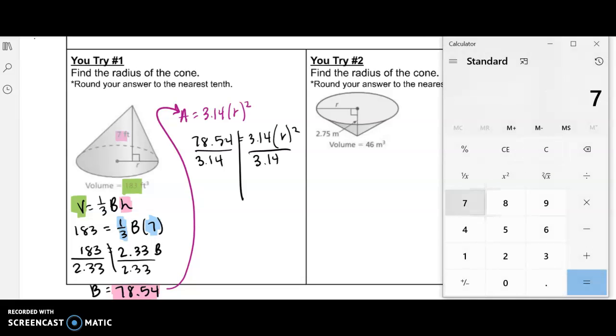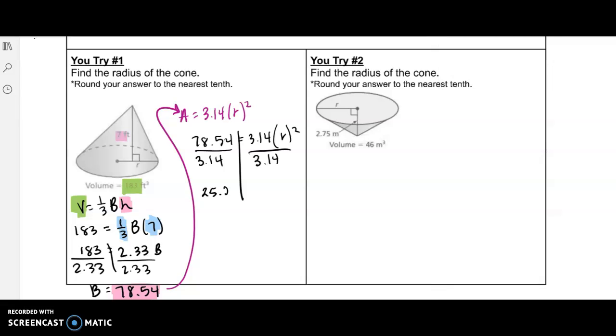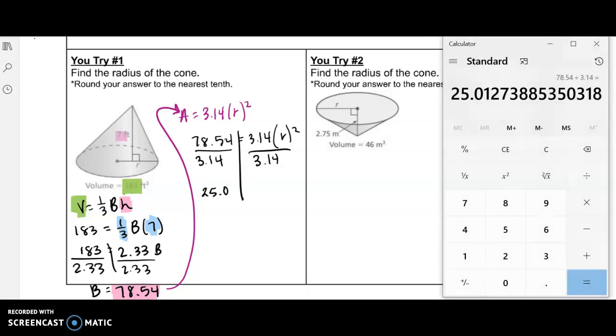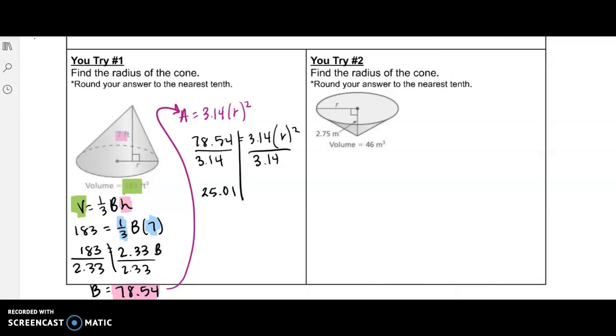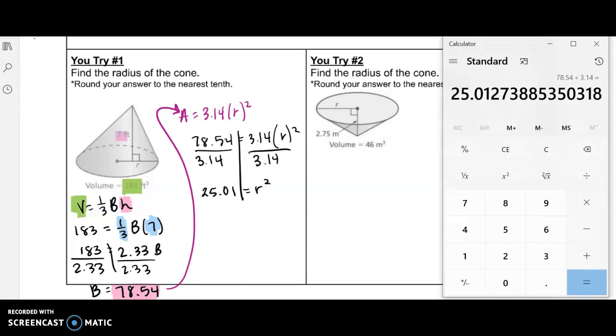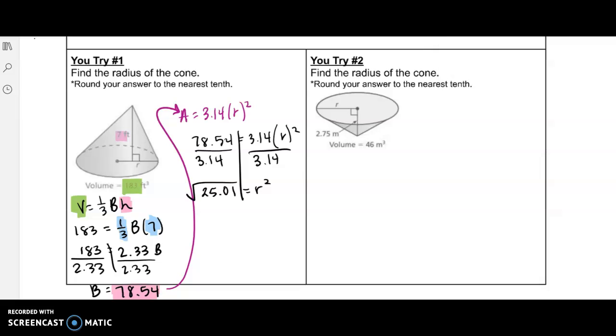78.54 divided by 3.14 is about 25.01 equals our radius squared. Then to get our radius, we need to take the square root.